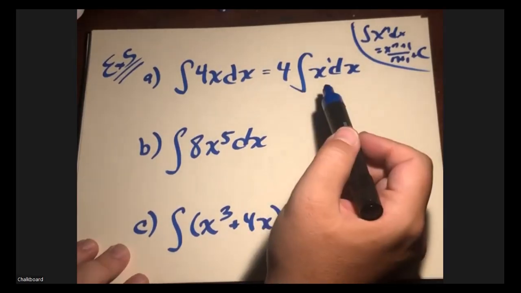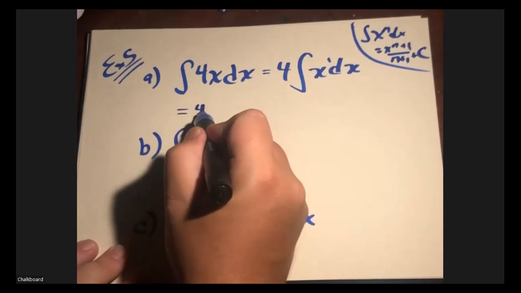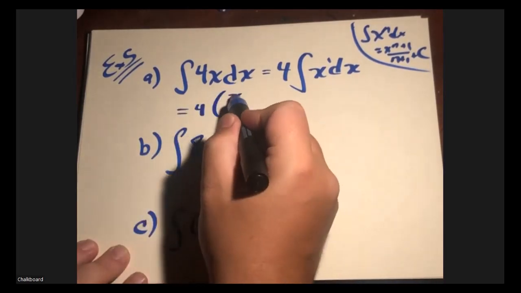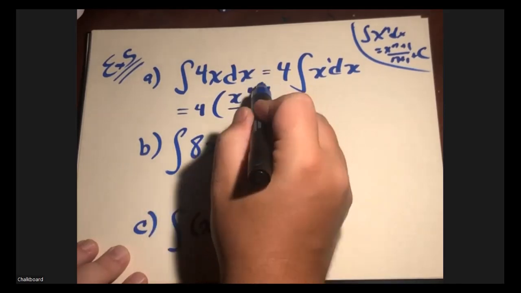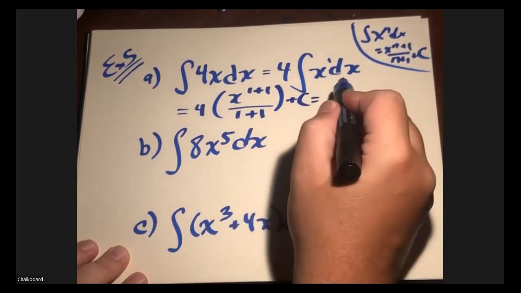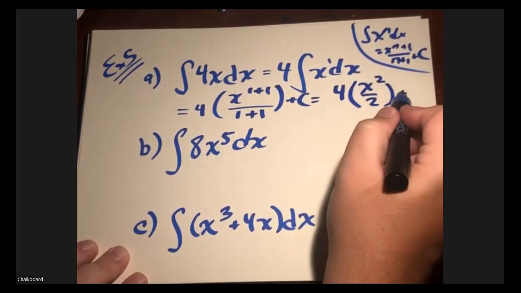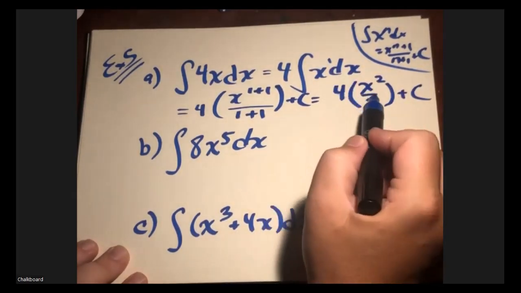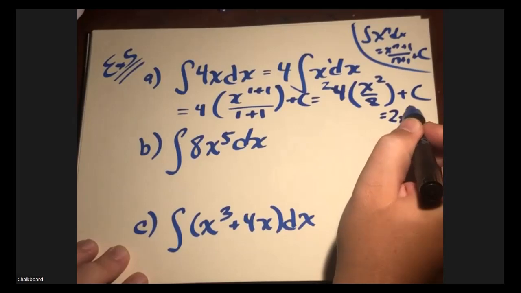So shouldn't it be 1 plus 1 makes 2? It looks like this now. 4 times x to the 1 plus 1 over 1 plus 1. Which means 4x squared over 2. And of course, these knock out. So I have 2x squared plus c.